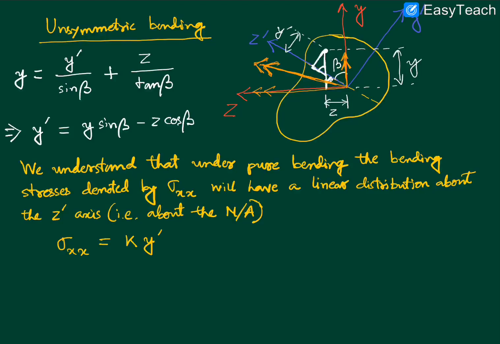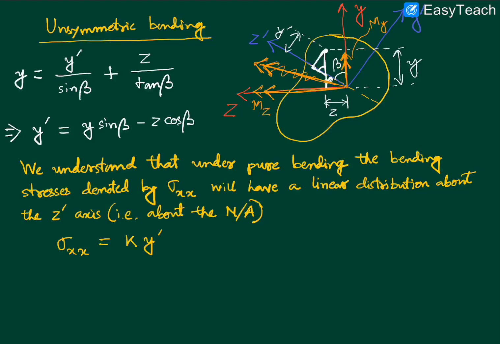But I don't have to consider this, because I've already taken the components. I will only consider this component along the z and this component along the y. So this is mz and this is my. So this is the loading that is inducing the bending stresses, sigma xx.